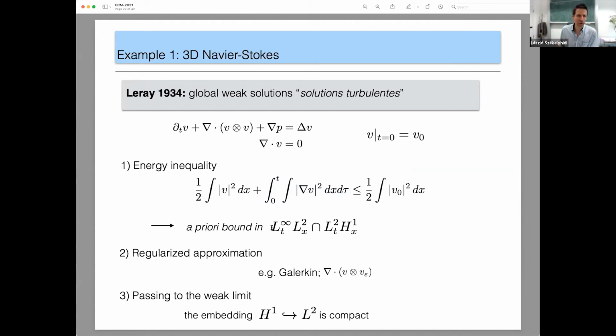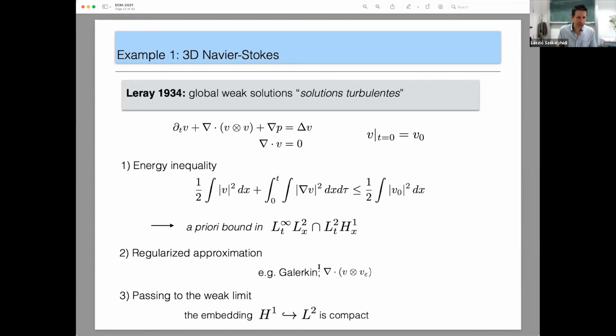So the set of solutions is bounded uniformly in time in L2 in space, and in L2 in time with H1 in space. So that gives a certain bound on the set of possible solutions.